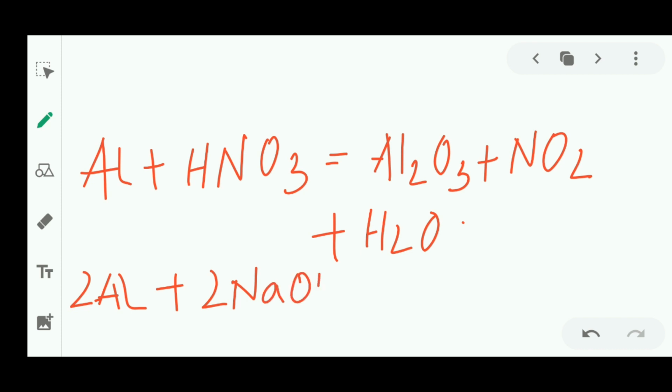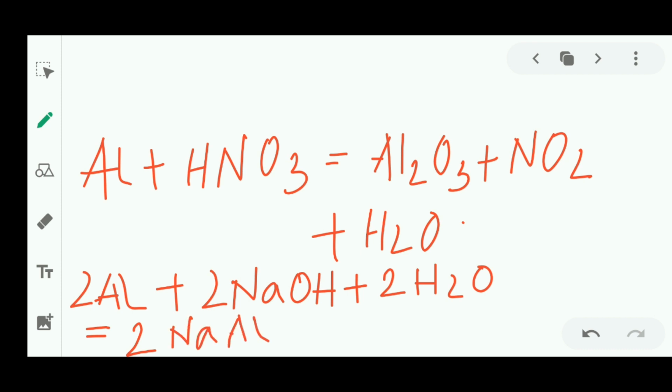NaOH. Okay, so it produces sodium aluminate. What is the formula of sodium aluminate? NaAlO2, and it also evolves hydrogen gas. The up arrow means hydrogen gas is evolved.